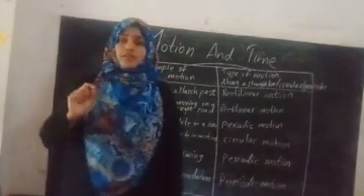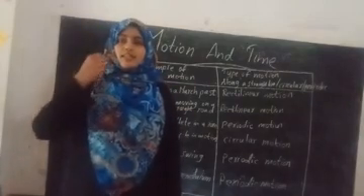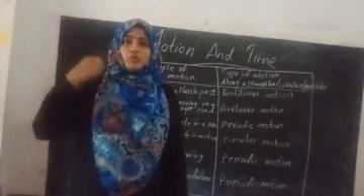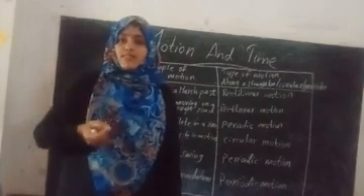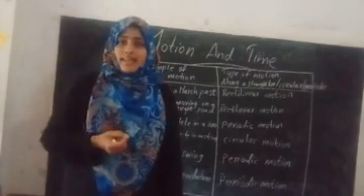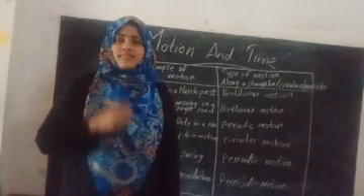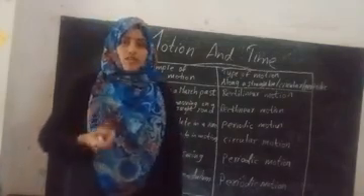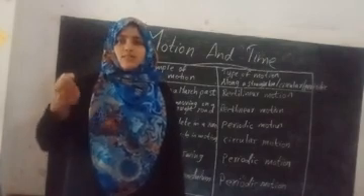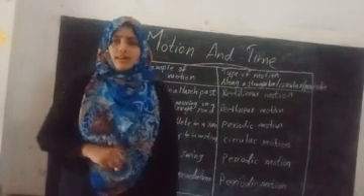Now, what is periodic motion? When the motion takes place to and fro in certain intervals of time, then we can say that it's a periodic motion. Can you give some common examples?